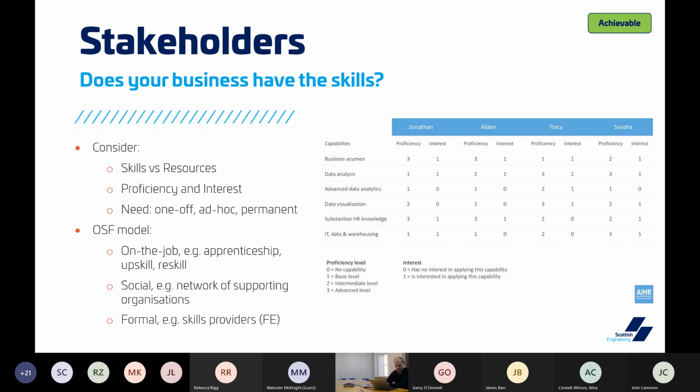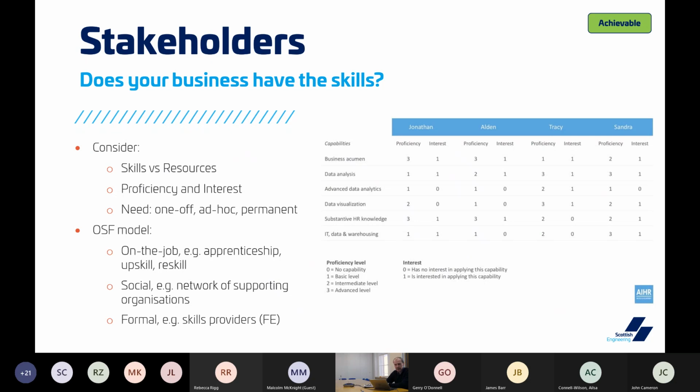And there is more to come. And formal is about the skills provider, in particular higher and further education. But it doesn't have to be education in the sense of universities or colleges. It could be skill providers from your supplier, for example, maybe providing skills, or private organization maybe providing skills.